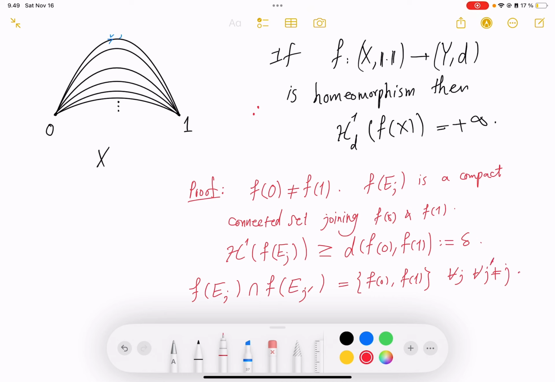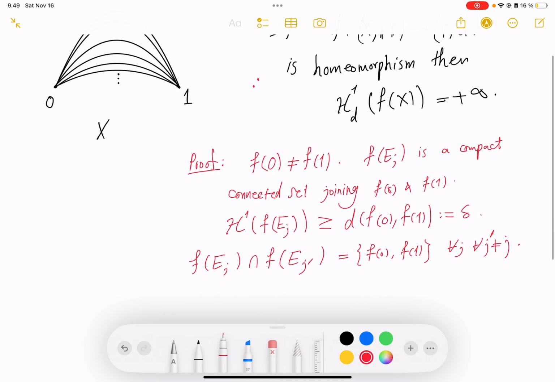So that means they are pairwise disjoint in the image, and each one of them has length at least delta. Therefore, H1 of the image of E, and not E, of my set is greater than or equal to k many of these deltas, for every k in the natural numbers.